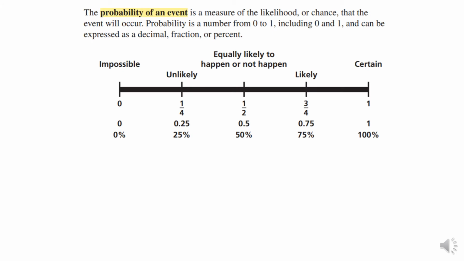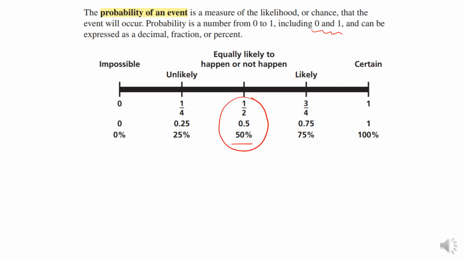All right, the probability of an event is the measure of the likelihood or chance that the event will occur. Probability is a number from 0 to 1. In other words, it is a fraction. But it also includes 0 and 1 and can be expressed as a decimal, fraction, or percent. So, when you think of a 50-50 chance, here's what it would look like. Okay, right in the middle.